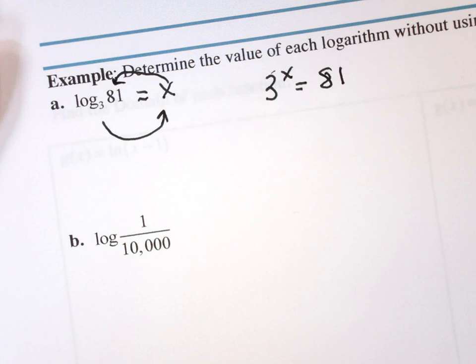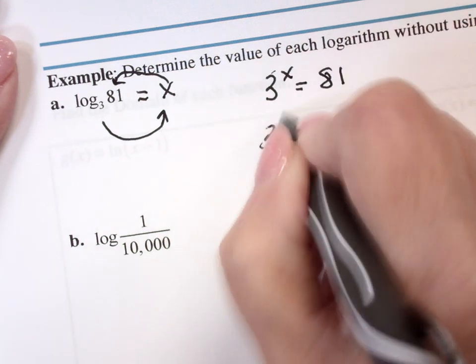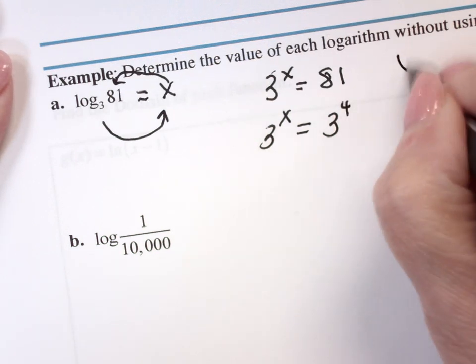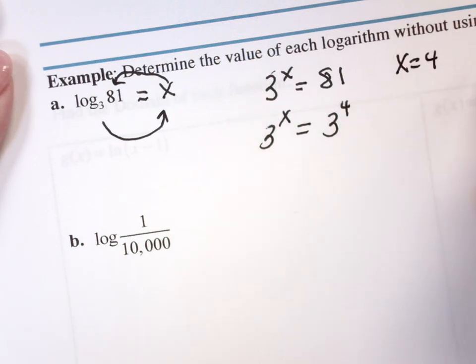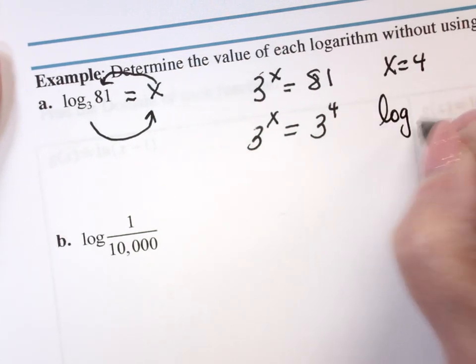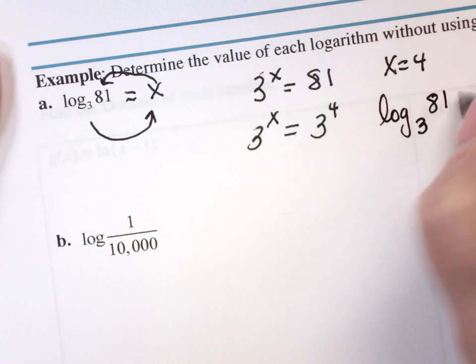And can 81 be written to a base of 3? Yes, it's 3 to what power? 4. So that x is 4. So we can say that log base 3 of 81 is 4.